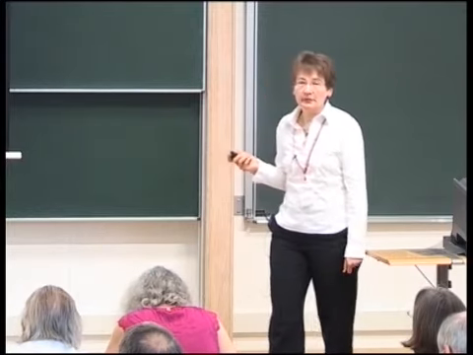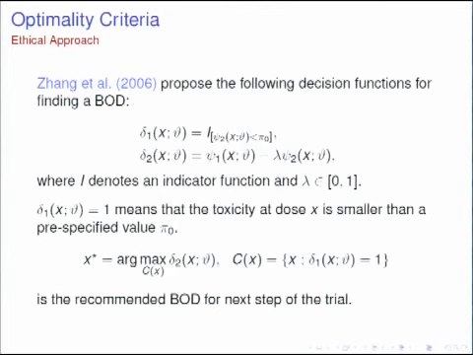First, the ethical approach. And this is again after the paper by Zhang and others. They defined the criteria in the following way by two functions, delta 1 and delta 2. Delta 1 is basically the indicator function, which will be equal to 1 if the toxicity is below some level pi 0, and 0 otherwise.